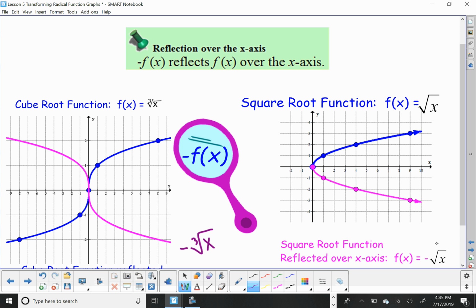It just flips it over the x-axis. Notice what's up here comes down here, below goes above, and what was on the x-axis stays on the x-axis.